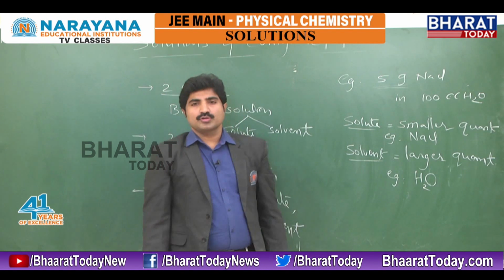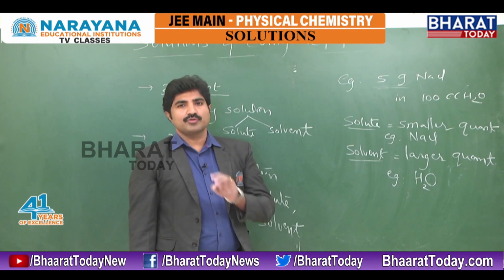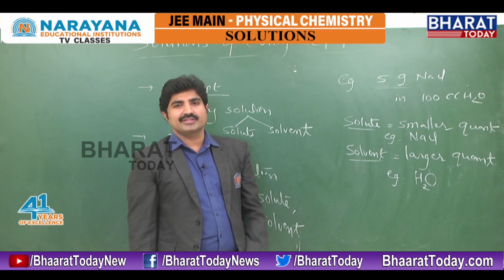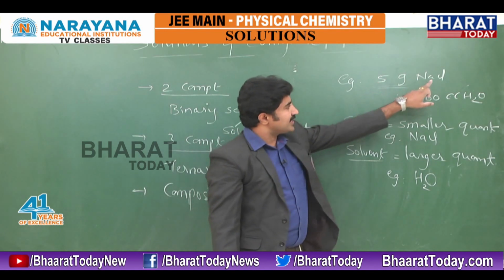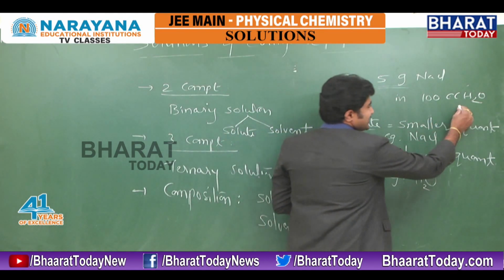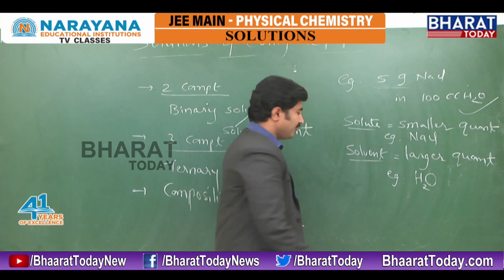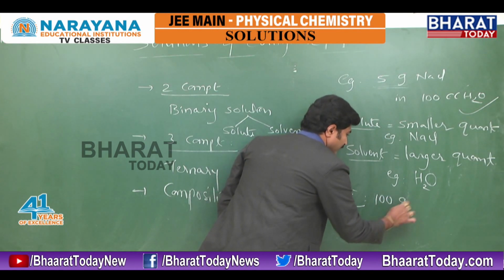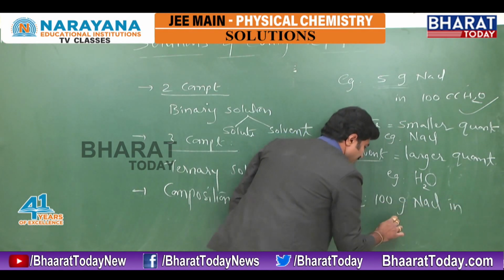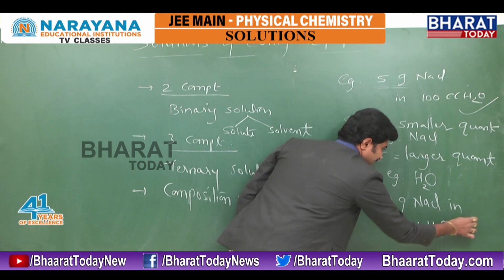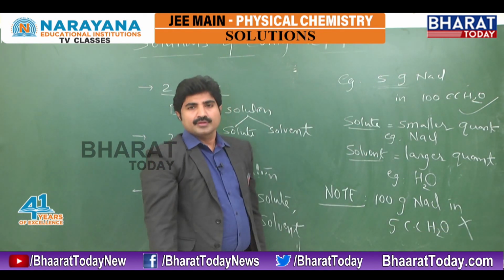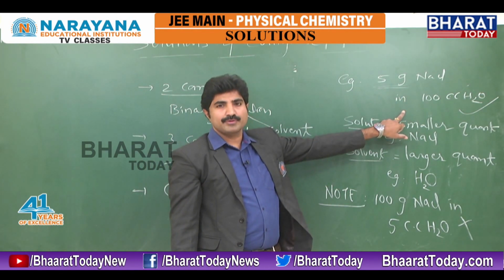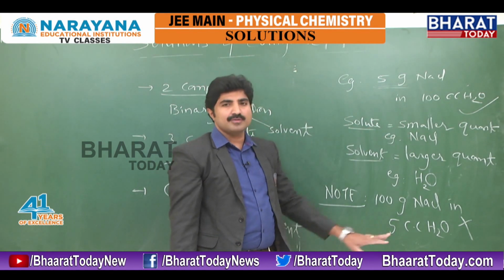So what is a solution? It is a homogeneous mixture of two or more than two components whose composition varies within certain limits. 5 grams NaCl in 100 cc water makes a solution, whereas 100 grams NaCl in 5 cc water doesn't form a solution. The first composition is considerable to make a true solution, whereas the second composition is not.